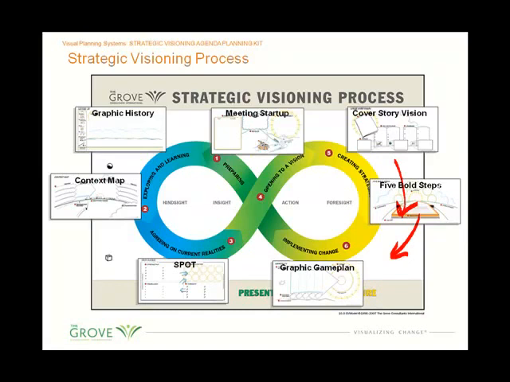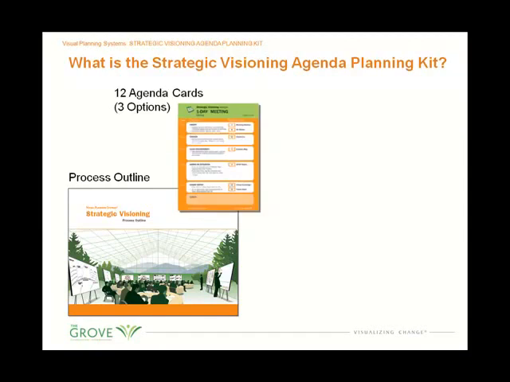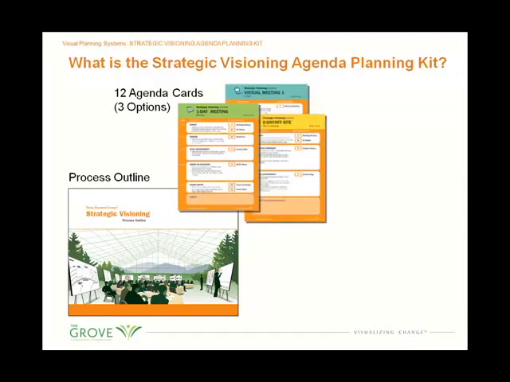Now the strategic visioning agenda planning kit would give you 3 variations on how to do this. It starts with a process outline, which is a booklet of something like 20 pages that in text and pictures walks you through what I just briefly described visually. It then contains 12 agenda cards and 3 different options, a 1-day, a 2-day offsite, and a virtual meeting set of options.